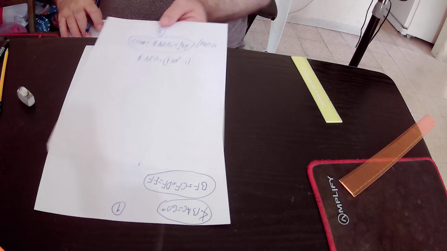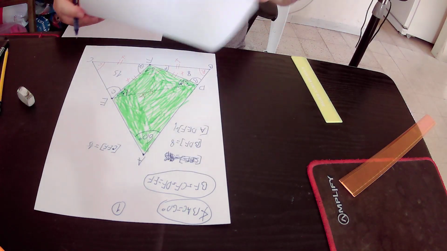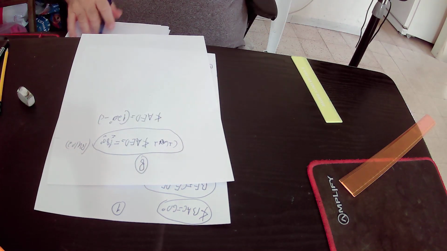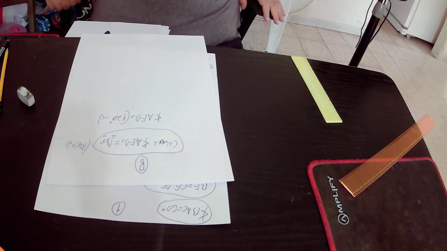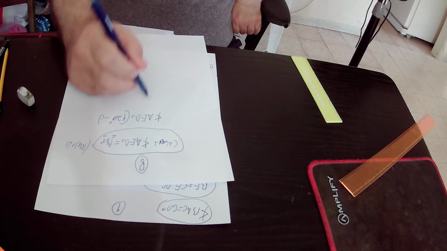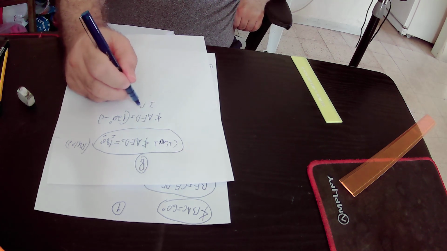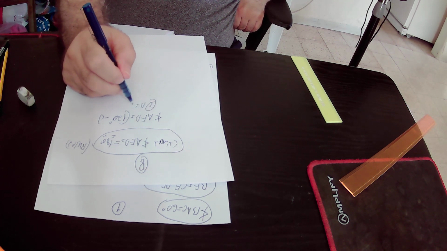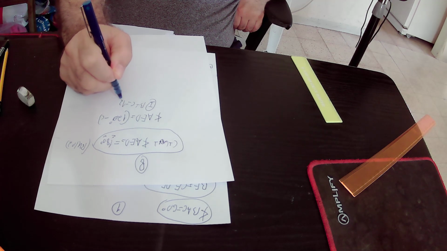But we have already found out in equation number 1 that B plus C equals 120 degrees.